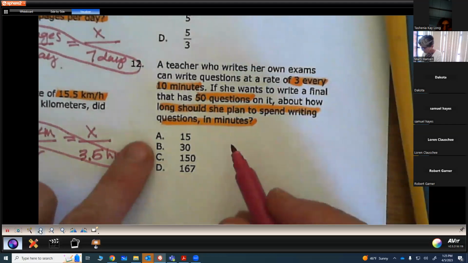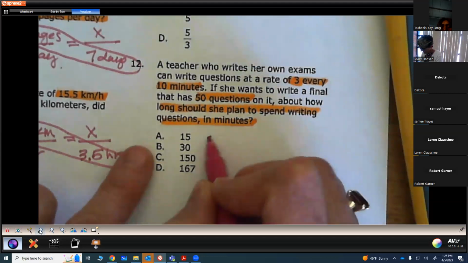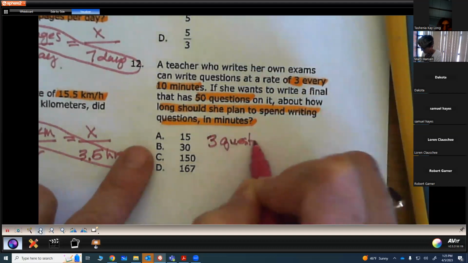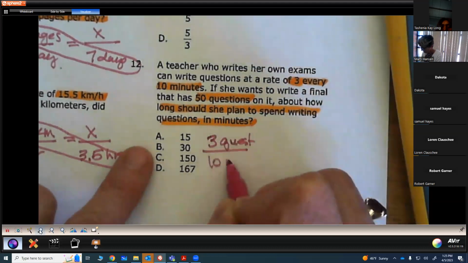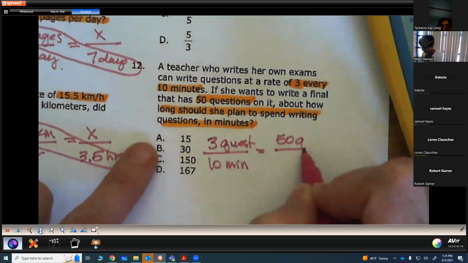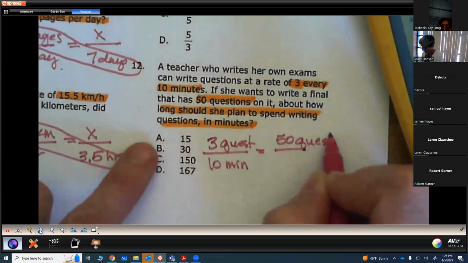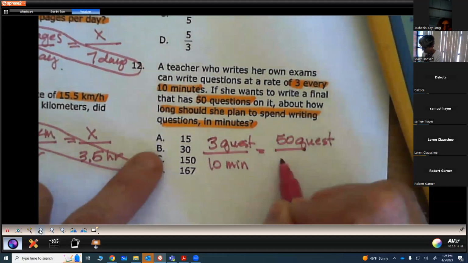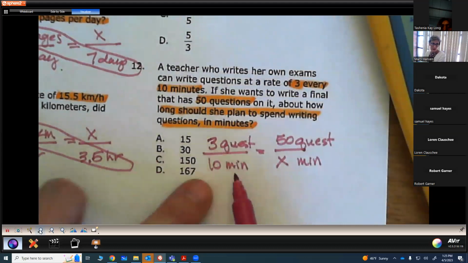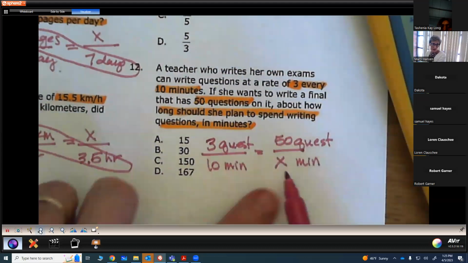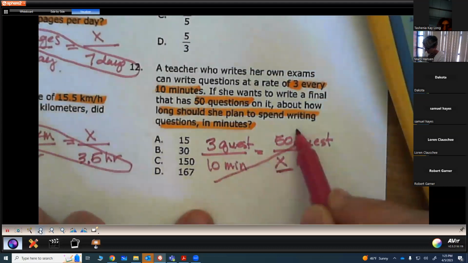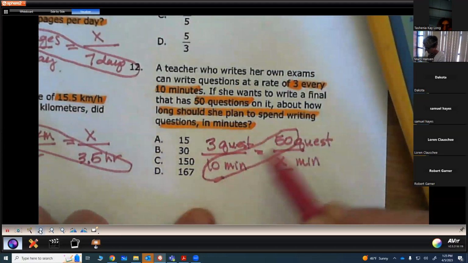Okay, we can set up a proportion. She can write 3 questions in 10 minutes. And she wants to write 50 questions. And we don't know how many minutes. And so I've got questions over minutes, questions over minutes. Here's what I don't know. And so I cross multiply this way and then divide by that other number.